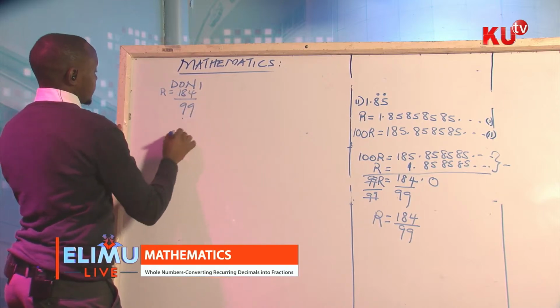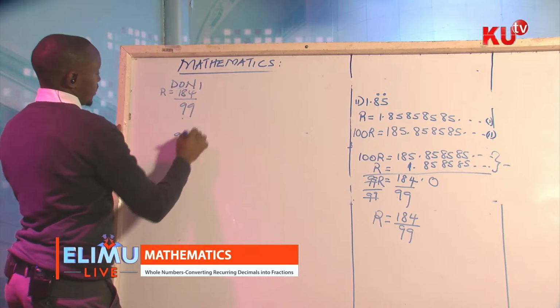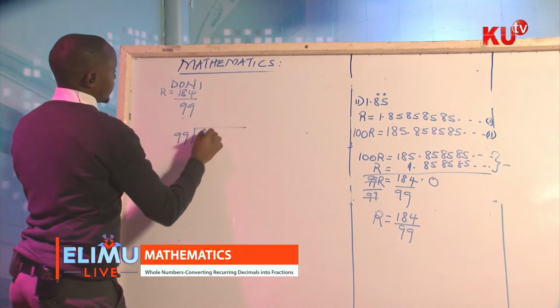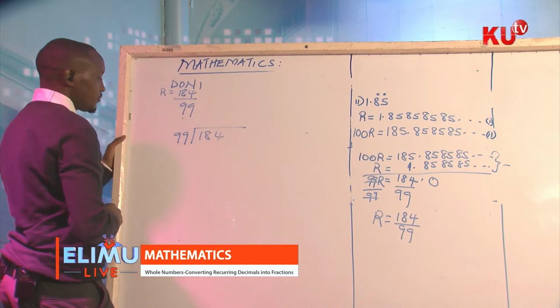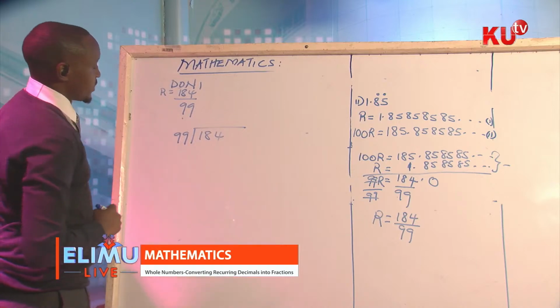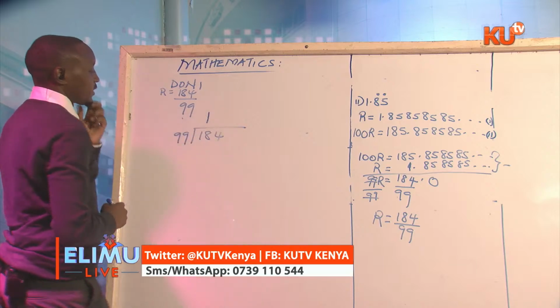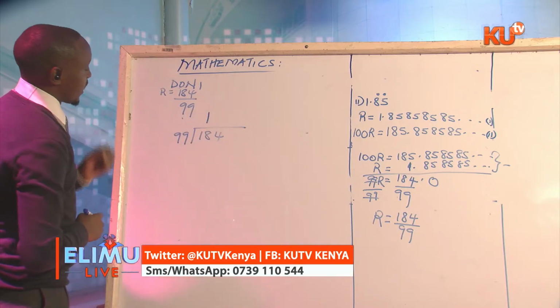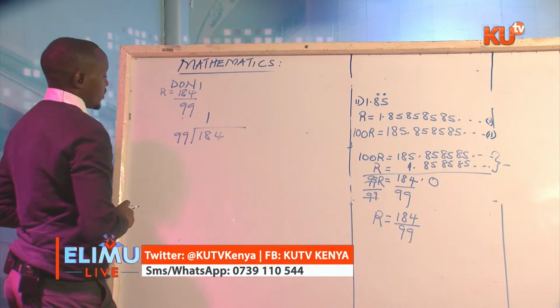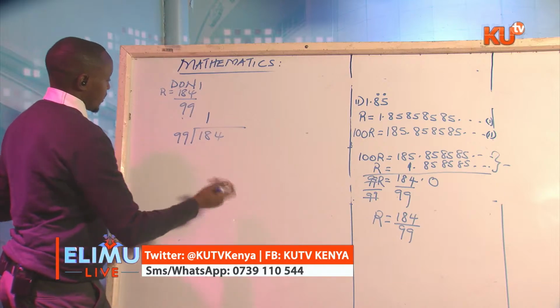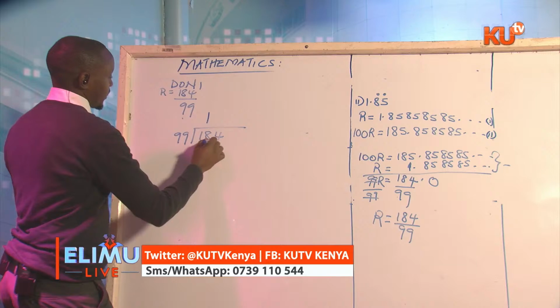Denominator is 99, denominator out, numerator in, 184. How many 99s will get in 184? Definitely it's going to be 1, because 99 times 2 is 190 something. So 1, because of 99.